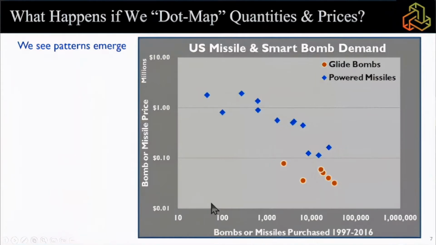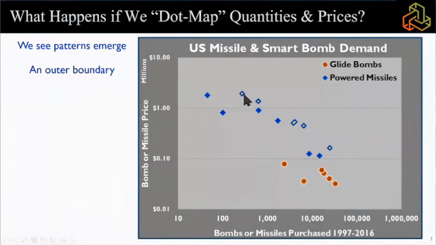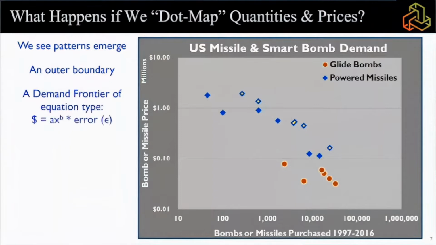What's very interesting, and many of you are in the business of doing analytics, is that you'd say, hey, I'm starting to see some patterns emerge here. Specifically, you see there's an outer boundary forming along this outer edge. If we mark these outer boundaries with yellow dots laid on top of the blue dots, and then run a regression through that, such as a power form equation, we get a highly correlated curve.